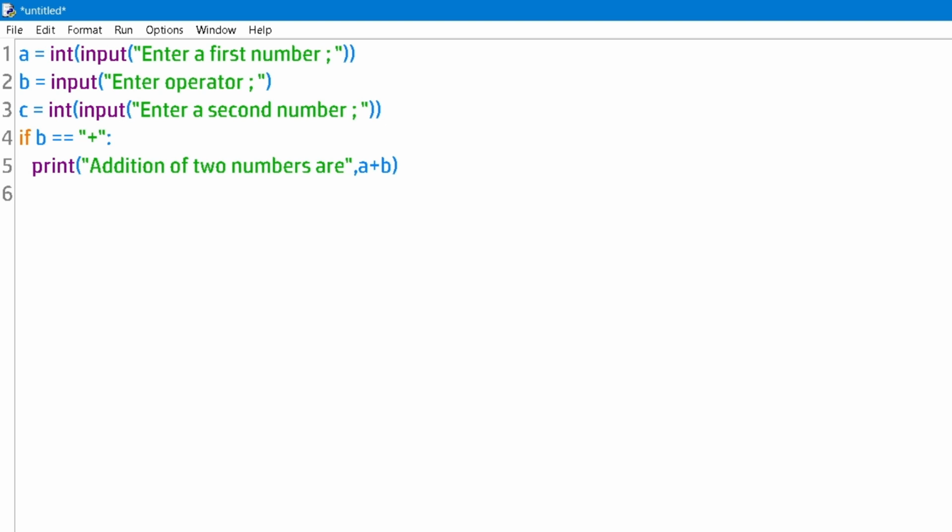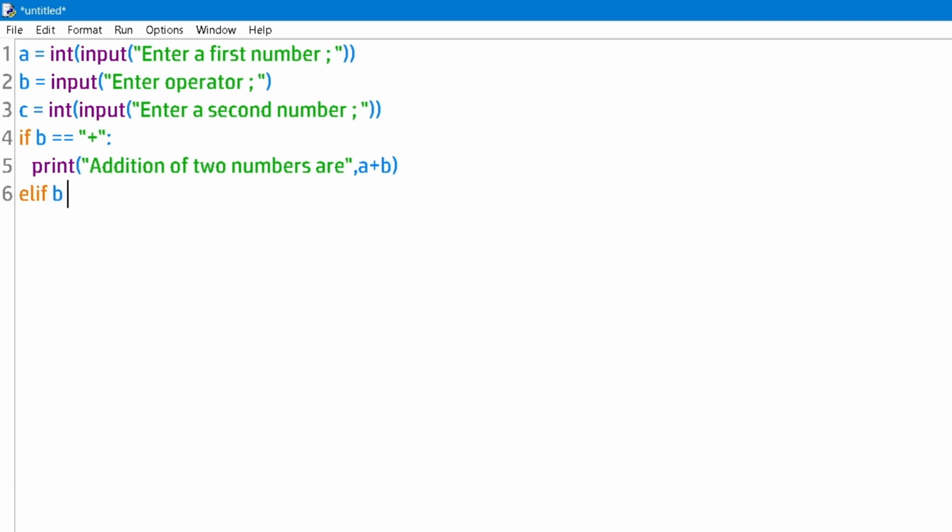Now we will write for minus, so we have to write elif. It means if the first condition is not satisfied, the program will come to the elif.